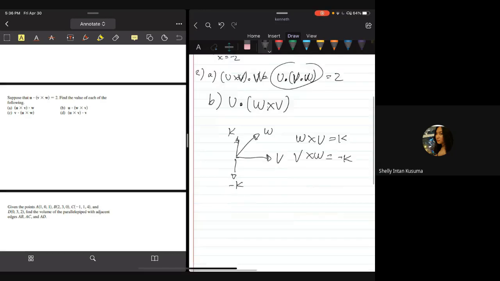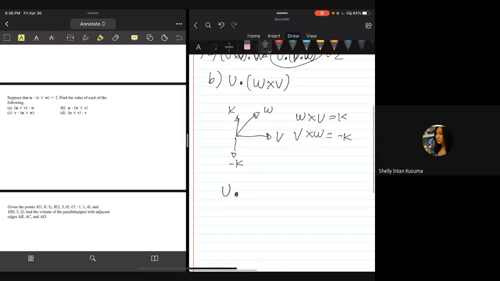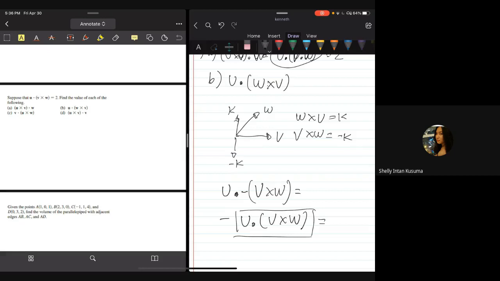So we can just manipulate this formula, and it becomes u dot v cross w with a minus. This one is just minus u dot v cross w, and this one is just the original one. So the answer is minus 2.